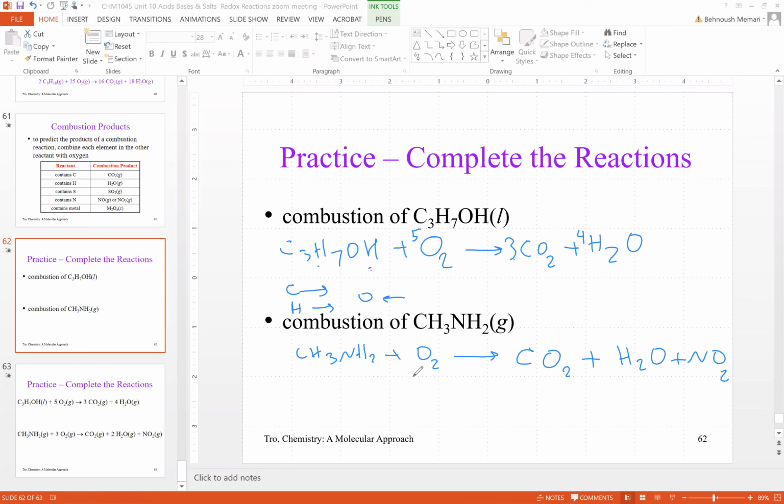So that would remain 1 nitrogen on each side. That's good. Number of hydrogens, how many hydrogens do we have?